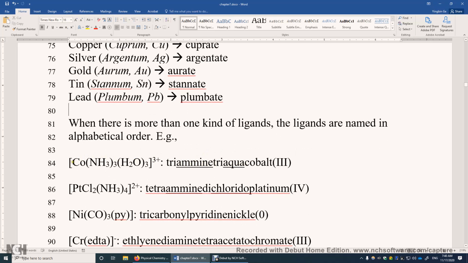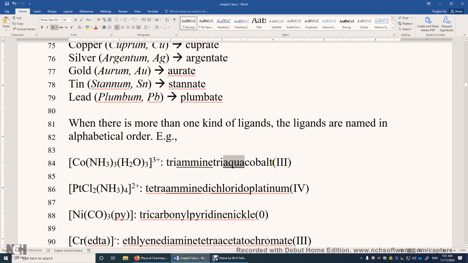In this case, this copper 3+ center is bonded to 3 ammonia molecules and 3 water molecules. So 3 is tri. You have to say triammine and triaqua. But why not triaqua, triammine? This is because you just compare these two ligand names, ammine and aqua, in alphabetical order. Ammine is in front of aqua, so this is triammine, triaqua.